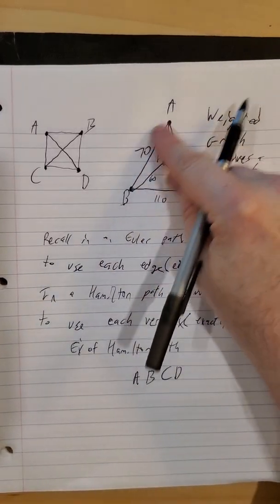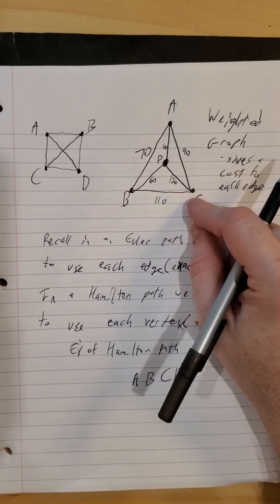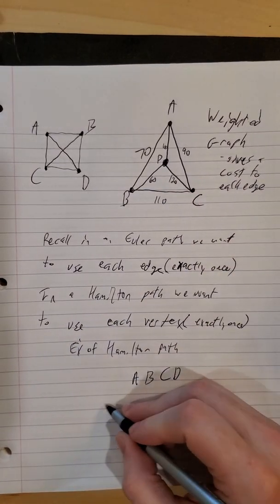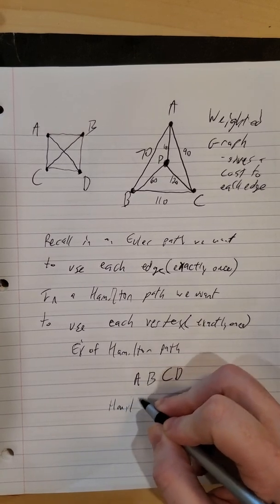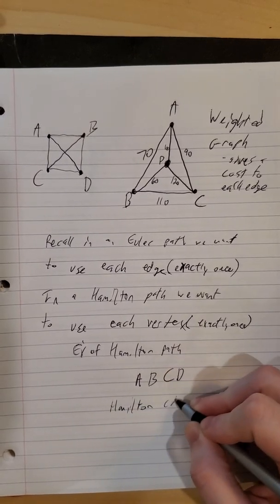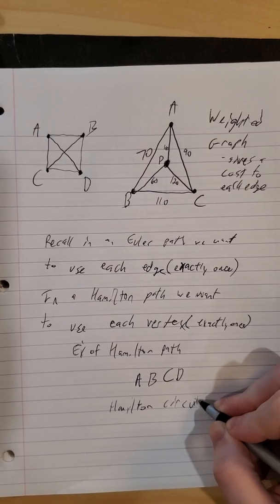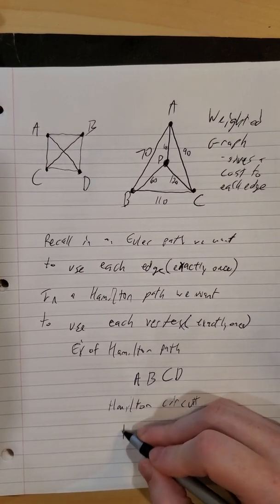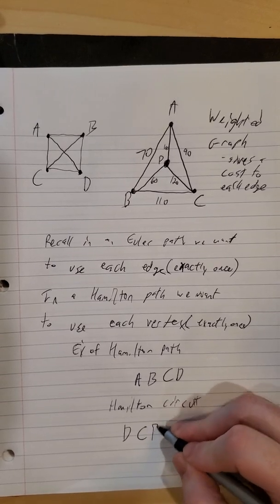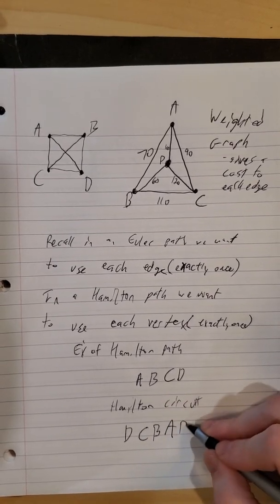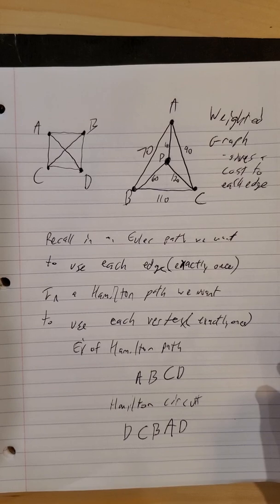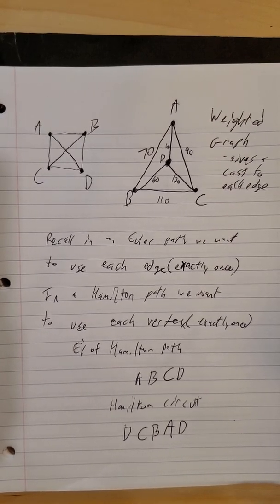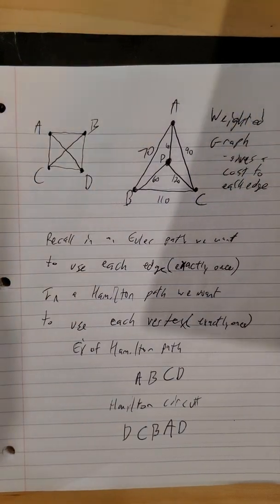A path is just traveling along edges between vertices. A circuit returns you to the original. So an example of a Hamilton circuit may be D to C to B to A and back to D. Those certainly aren't the only Hamilton paths or circuits, they're just some examples of them.